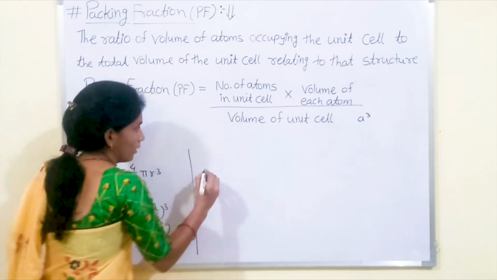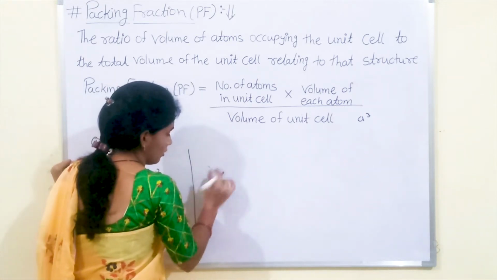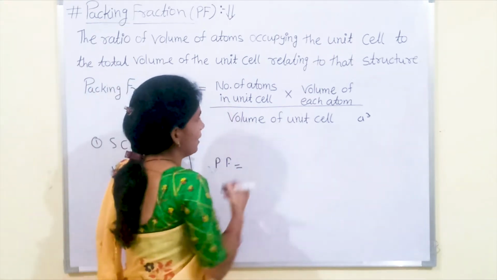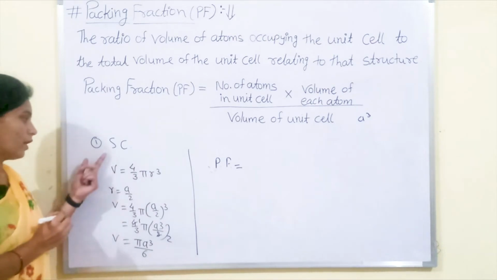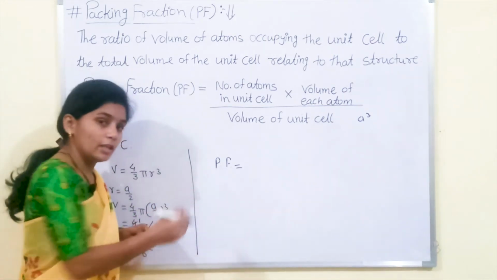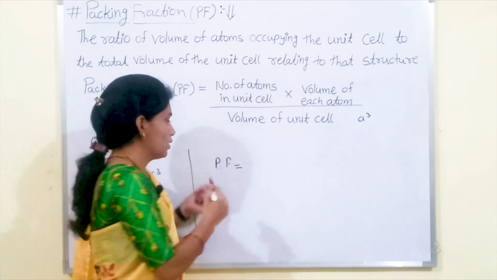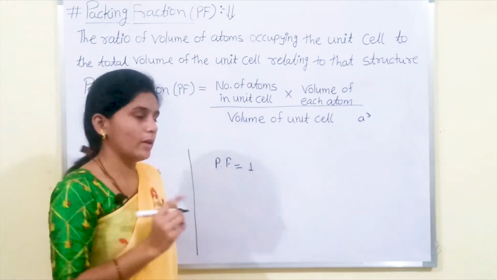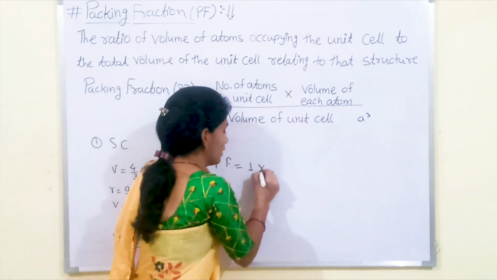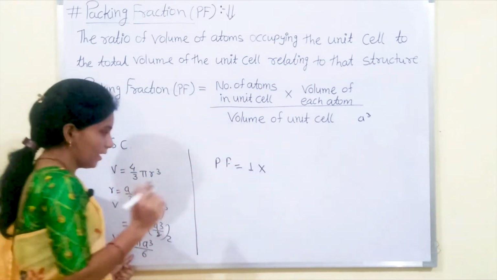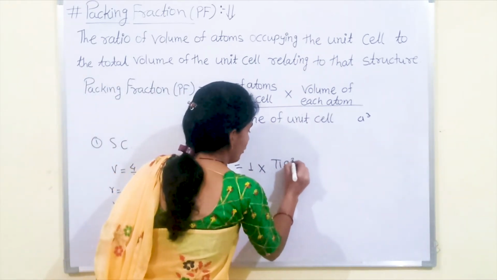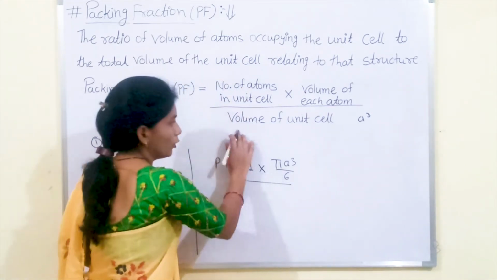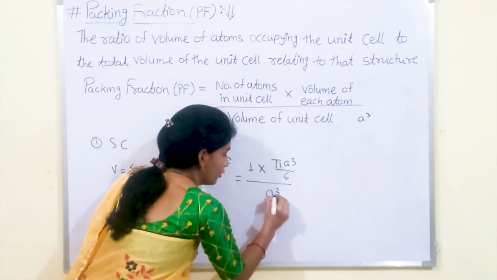PF: the number of atoms per unit cell for simple cubic is 1, as we calculated in the previous lecture. The volume of each atom is pi a cube divided by 6, and the total volume of the unit cell is a cube.